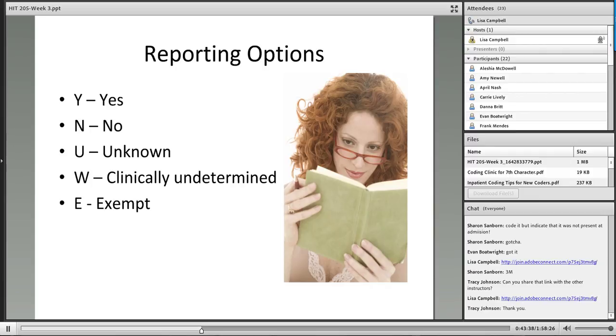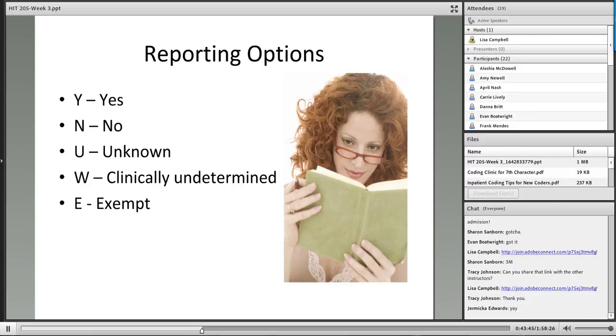In this game, I'm going to give you a scenario, and you're going to identify if it is yes, no, unknown, clinically undetermined, or E for exempt. You are going to tell me whether it's Y, N, U, W, or E.